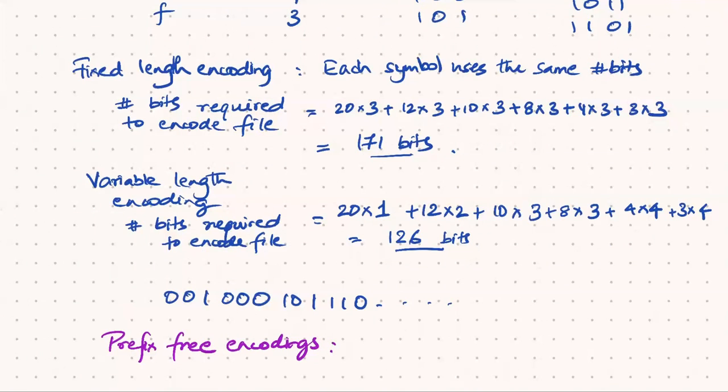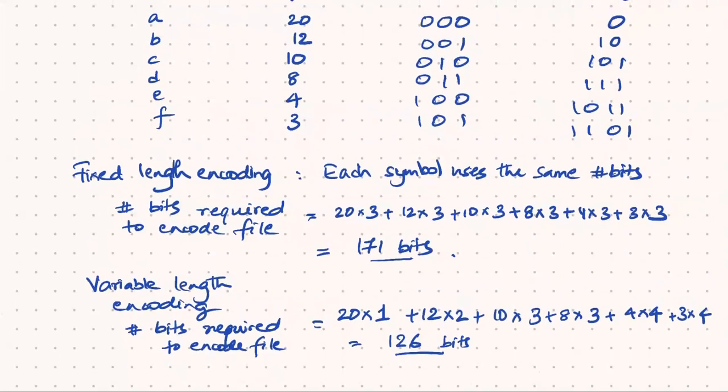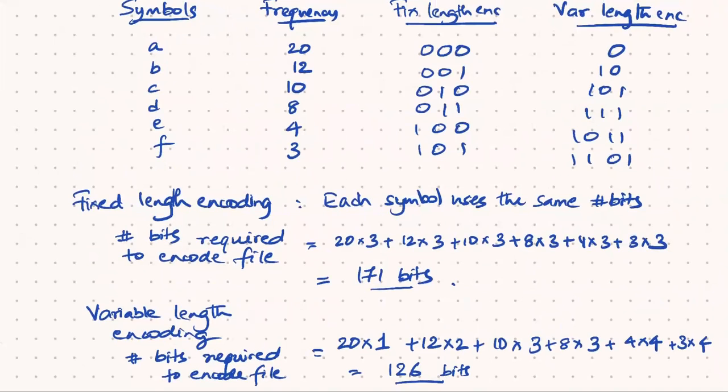Okay. So if we go back to this example, the problem with this encoding was that one of the encodings, 10, is a prefix of another encoding, 101, right?